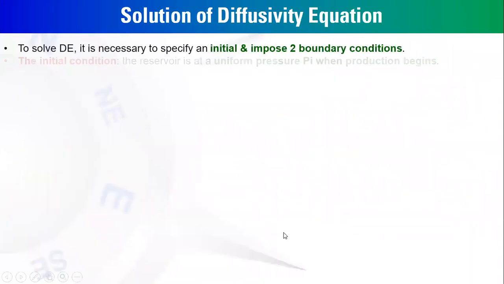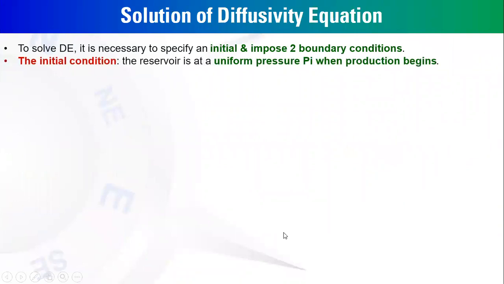So solutions of the diffusivity equation are obtained simply by specifying specific initial and boundary conditions. The initial condition is that the reservoir pressure is constant at time 0, which means the pressure equals Pi, or initial reservoir pressure.